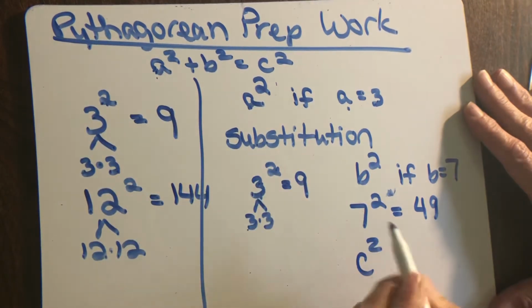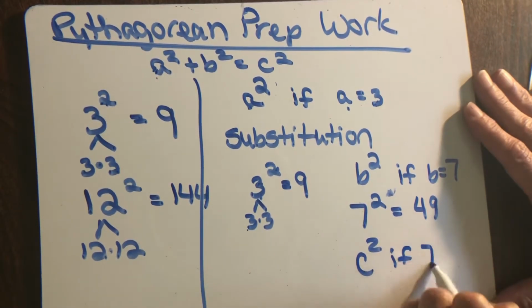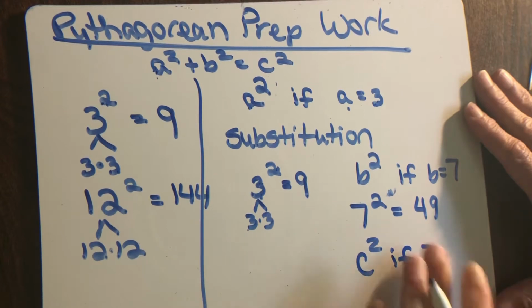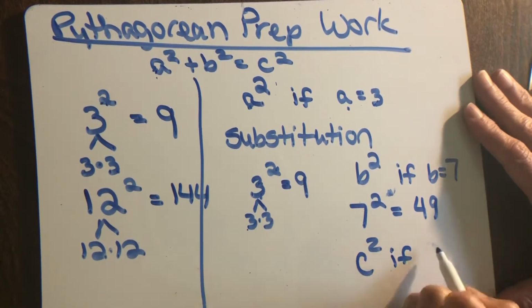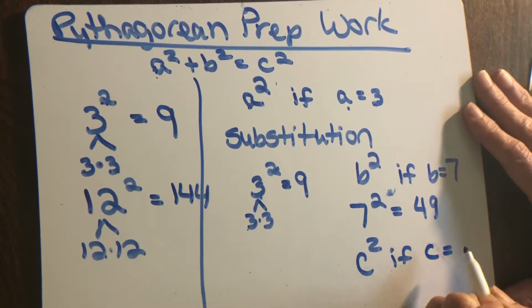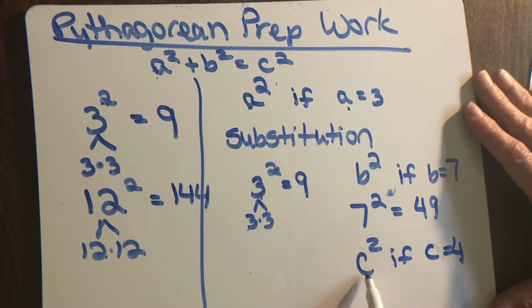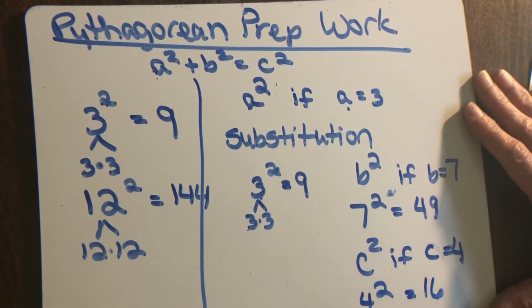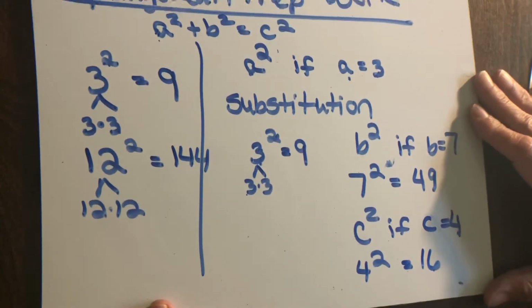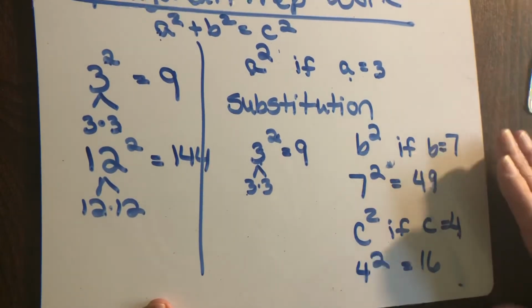C squared if c is 4, okay? So then that 4 comes in for c, you square it, put it in your calculator if you need to. It's 4 times 4, it's 16. So that's kind of some prep work for where we're going.